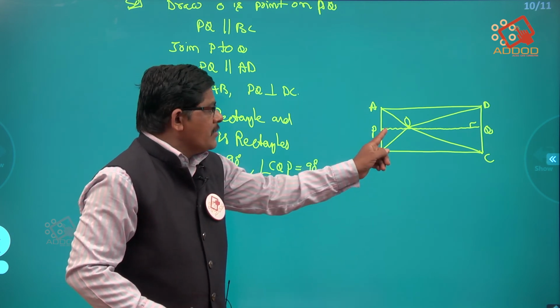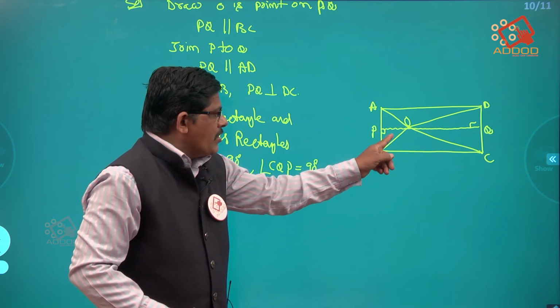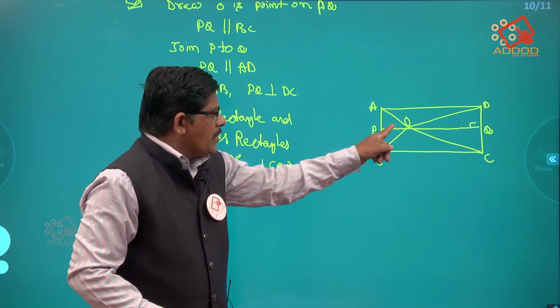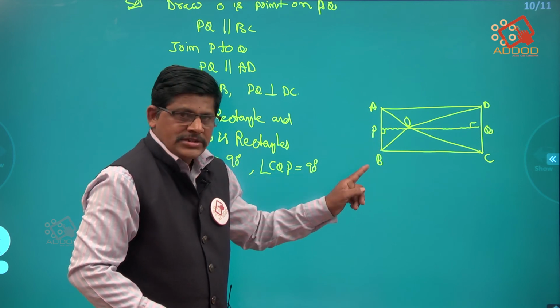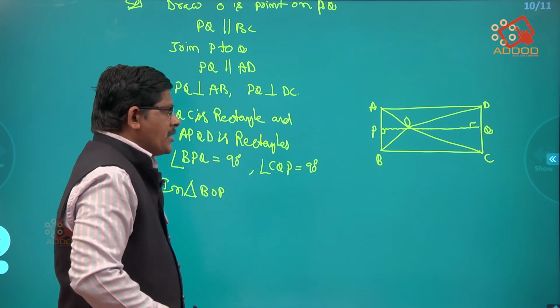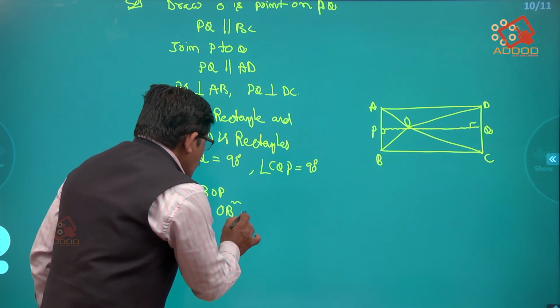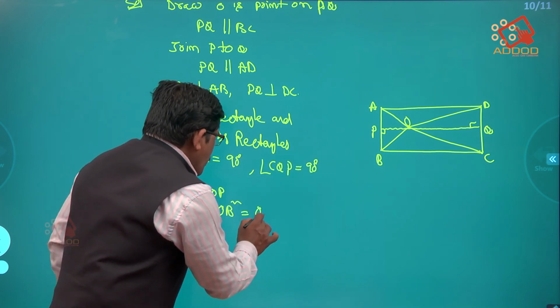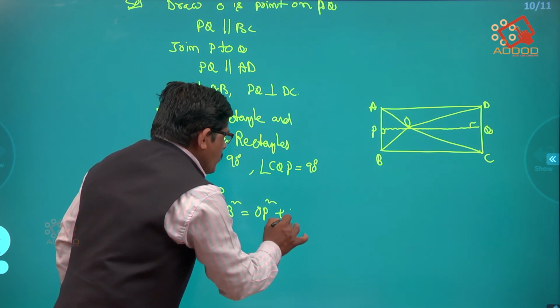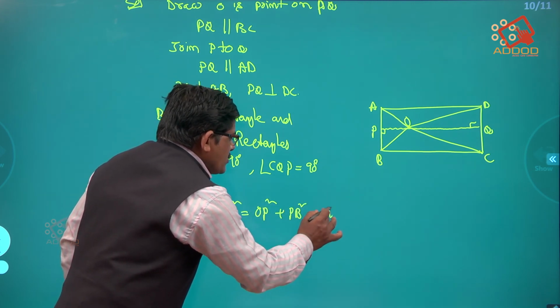What is the Pythagoras theorem? In a right angle triangle, the square of the hypotenuse side is equal to the sum of the squares of the other two sides. This is the Pythagoras theorem statement. Applying it, OB square is equal to OP square plus PB square. This is equation number 1.